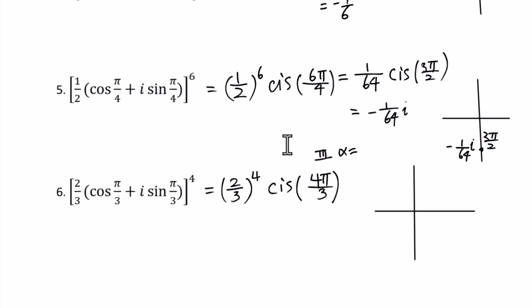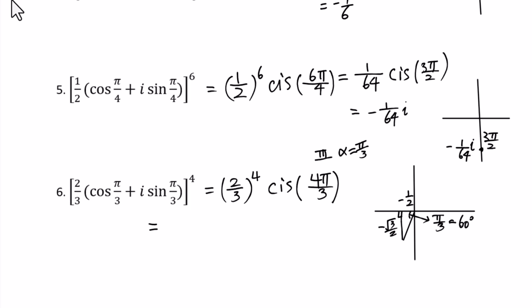Reference angle is pi over 3, away from the x-axis. Let's label: shorter leg is negative 1 over 2, longer leg is negative square root of 3 over 2. This reference angle is pi over 3, which is 60 degrees.